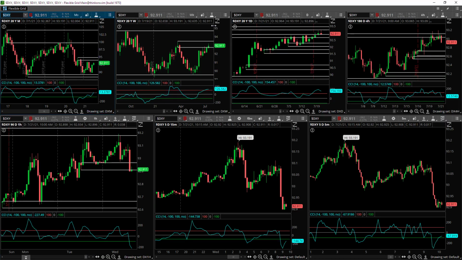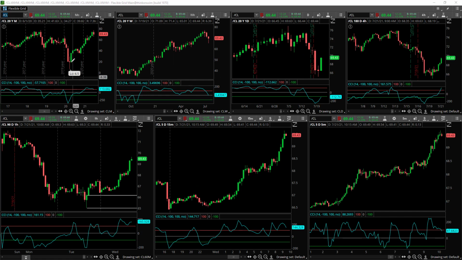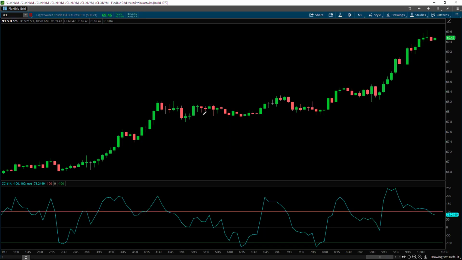Now I want to have a look at a few more markets. Let's look at oil. That's also kind of interesting, and we'll probably see an example here. Let's see if we can see an example. Here's an example of using it to buy the bottom of a range.